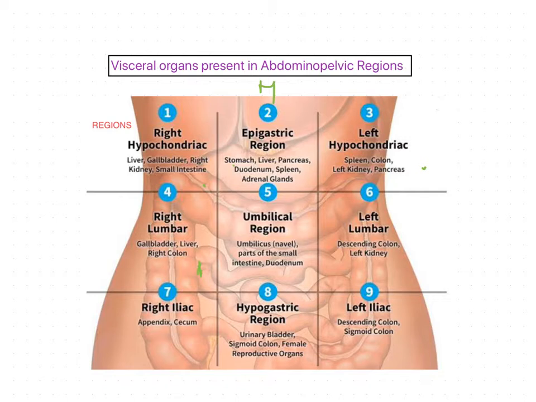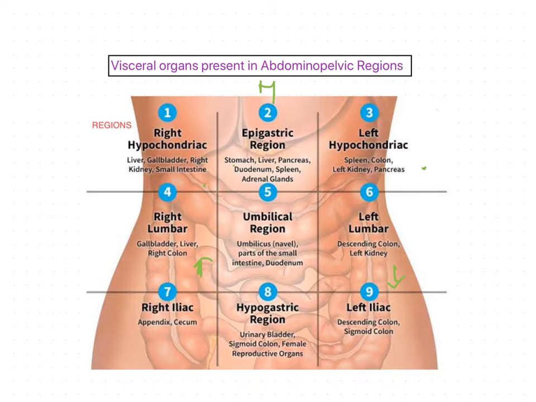On the left lumbar, left kidney, ureter and descending colon. So on the right side, what are the things? Right kidney, ureter and ascending colon. On the left lumbar, left kidney, ureter and the descending colon.